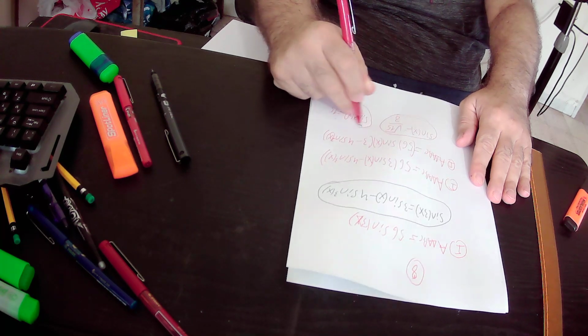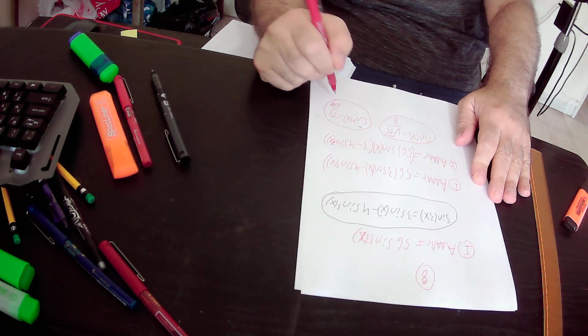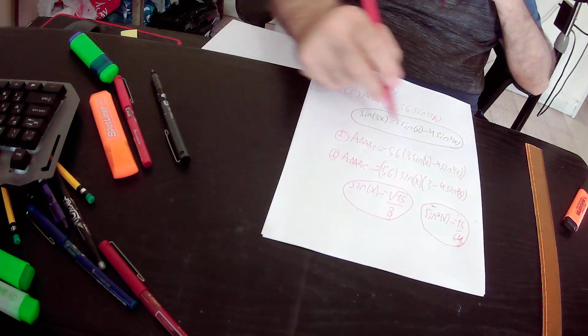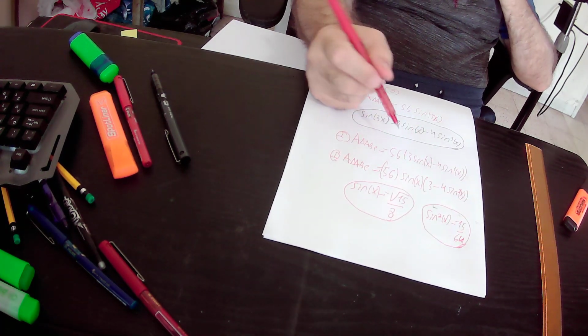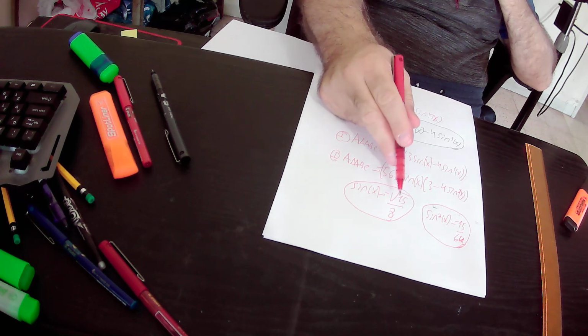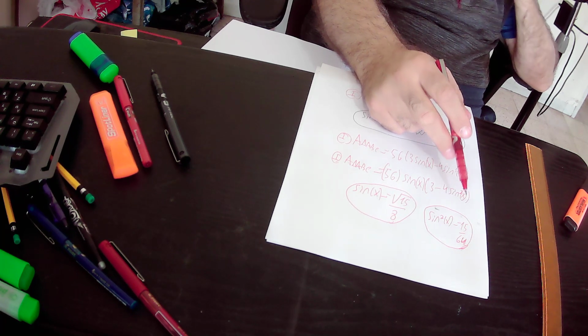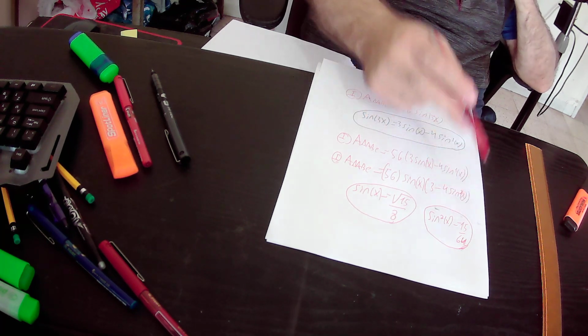Okay, so now the only thing left to do is to substitute sine x in equation number 1 by root 15 over 8, and sine square x by 15 over 64.